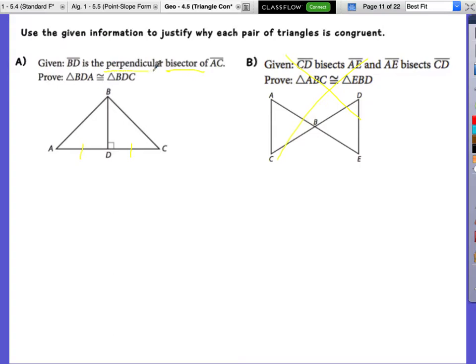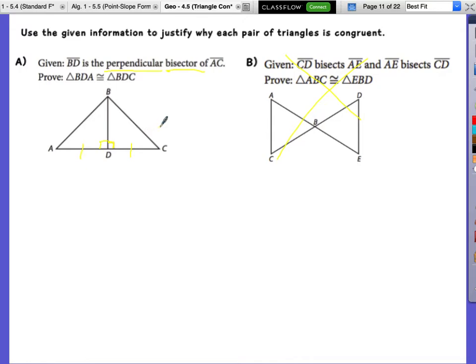What's this perpendicular part mean? They intersect at one point to form what kind of angle? 90-degree angle. Complementary is two angles that add to 90. So they intersect to form 90-degree angles. So that's what this would mean.